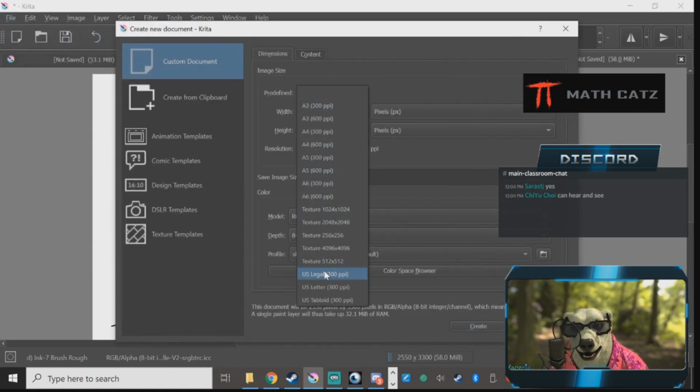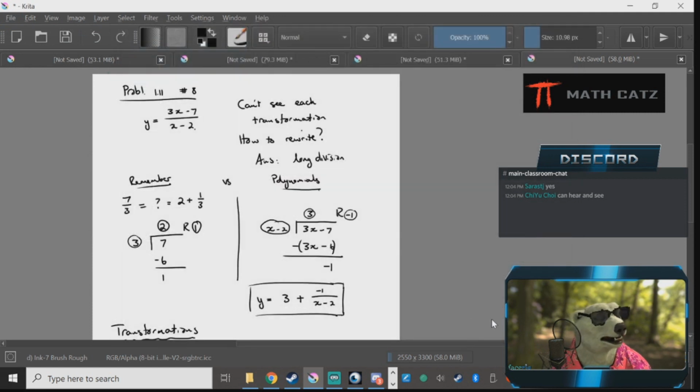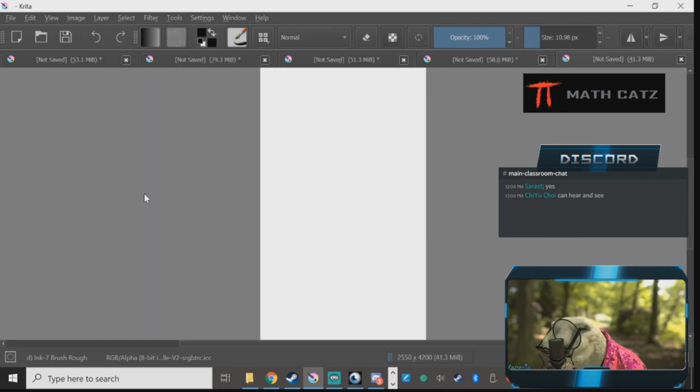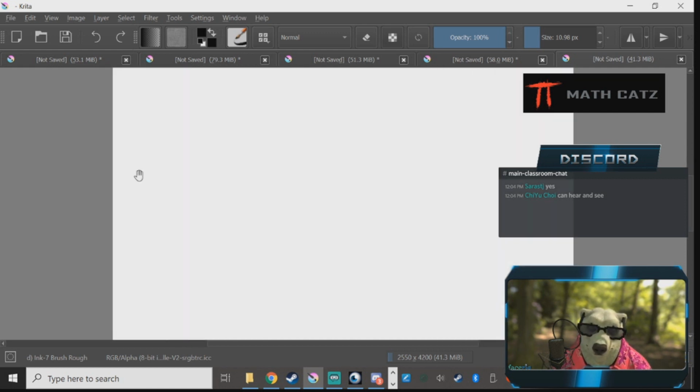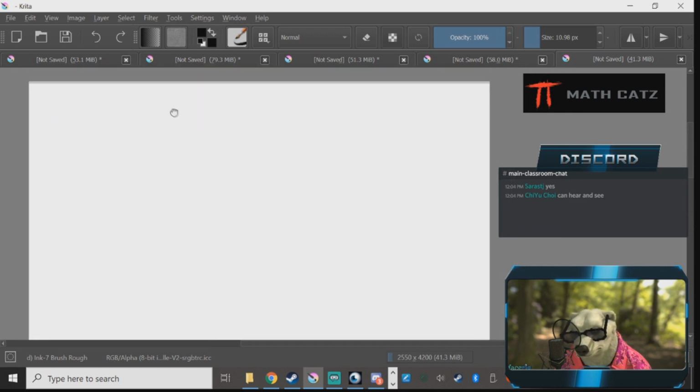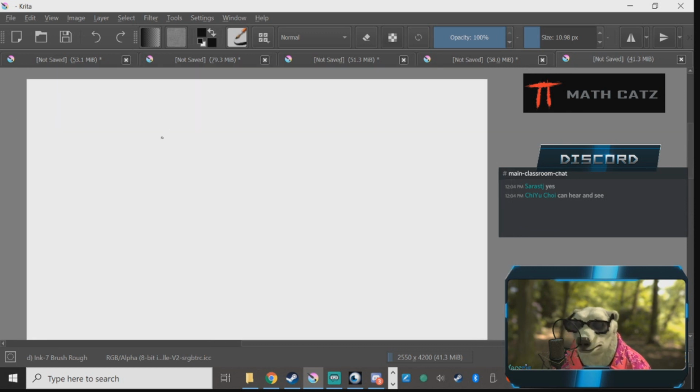Let me just make a new page for the next little bit, but the next little bit is not too bad. I just want to go back to my long-term behavior issue. Now there's a lot of similarities here with what we did with polynomials.